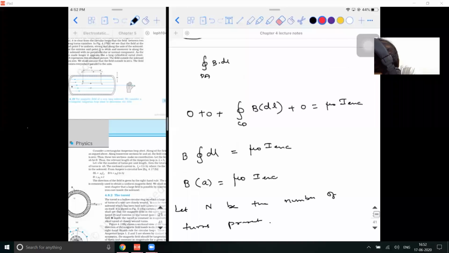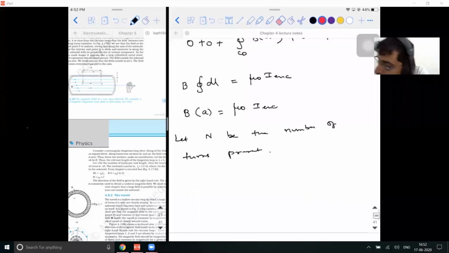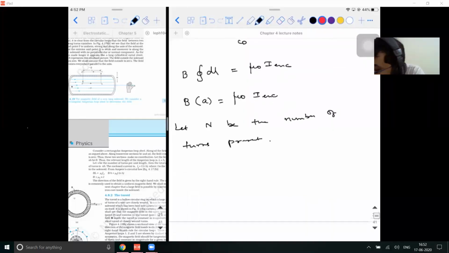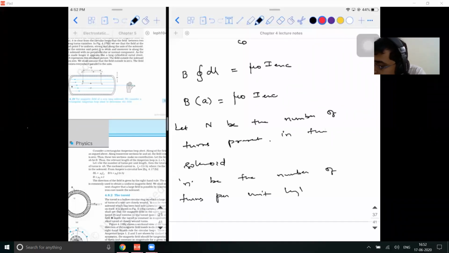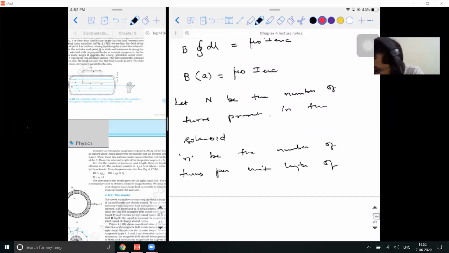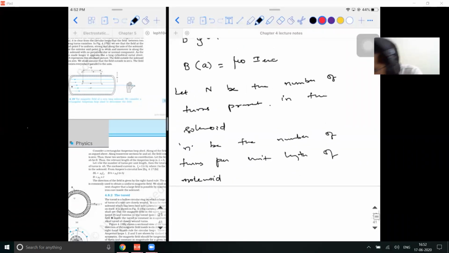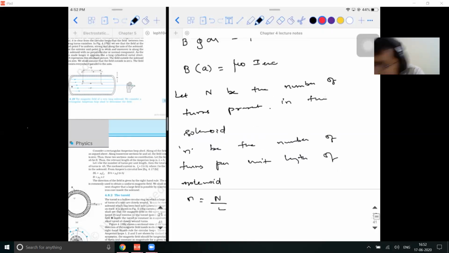So let N be the number of turns present in the solenoid, and small n be the number of turns per unit length of the solenoid. Then small n will be equal to capital N divided by the total length.